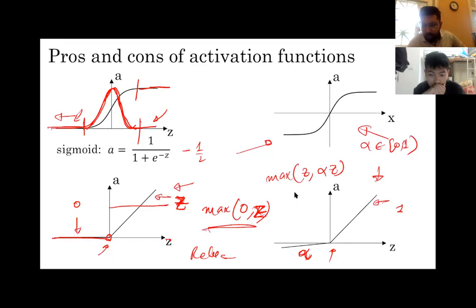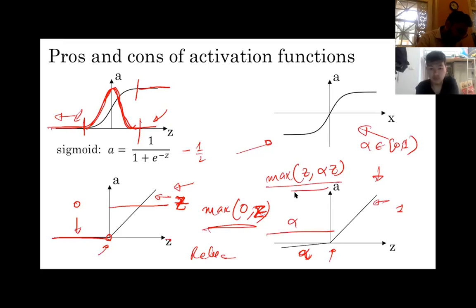I think your expression, a times min of 0 and x, is probably also true. This is probably slightly more standard. And then the derivative of this is alpha here, not defined at 0, and 1 for z greater than 0.